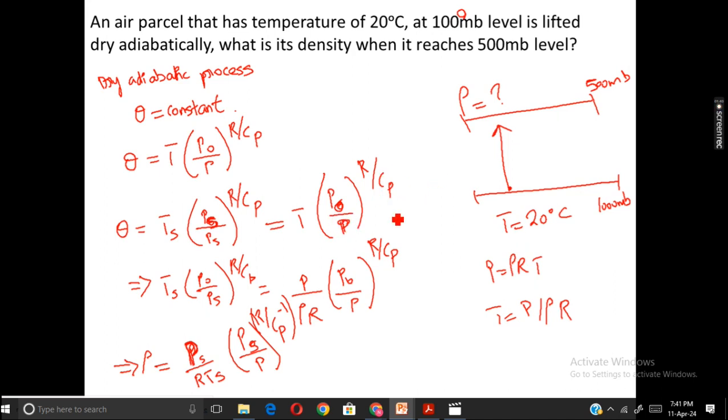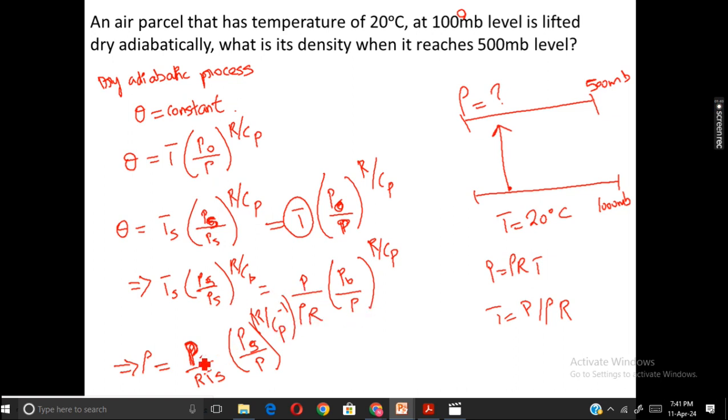Now we basically want to find the density of the parcel, but we don't have the density value in this equation. So we can substitute from the ideal gas law: T is P by rho R. If we substitute T, it becomes Ts into PS by PS the whole raised to R by Cp is equal to P by rho R into P0 by P the whole raised to R by Cp.